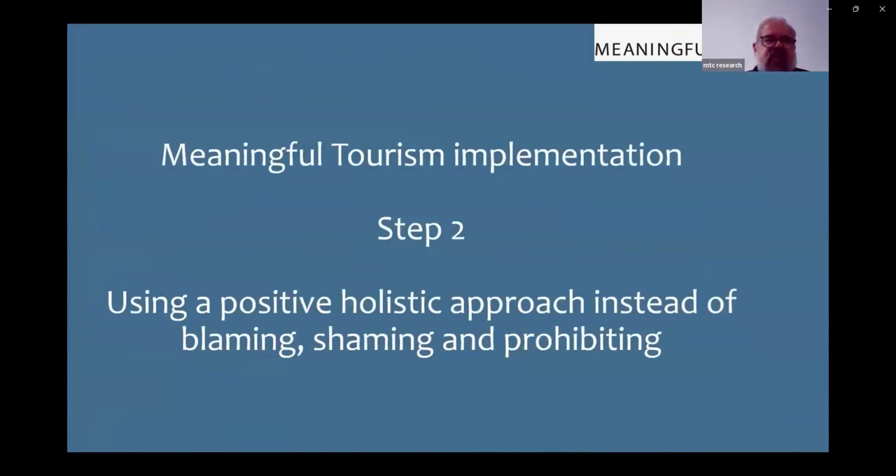So that is the first step, to say, okay, we have to do something. In my experience with the Meaningful Tourism movement, the partners in Africa and also in Asia are much more likely to understand that, because they still have some catching up to do, and they're not so much in the old structures, so it's easier for them to say, yeah, let's try something new.